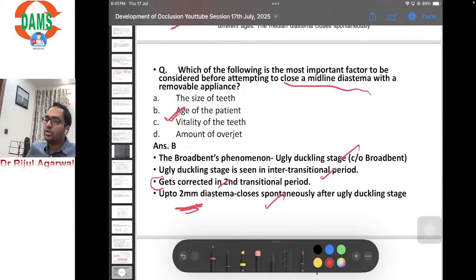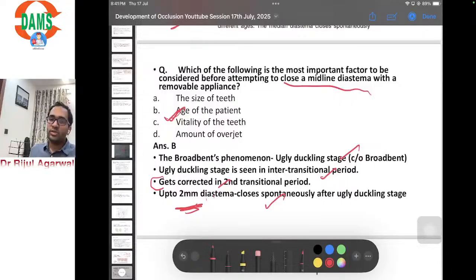On examination, you observe that the canines are in the stage of exfoliation, the primary molars are present, and the permanent molars have erupted. On measuring, you observe that the diastema is approximately 4 mm, 5 mm, arbitrary values. It's more than 2 mm.